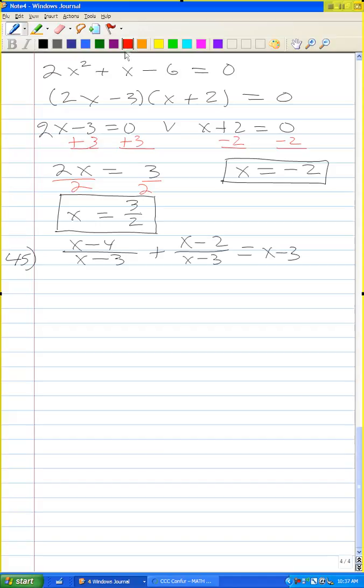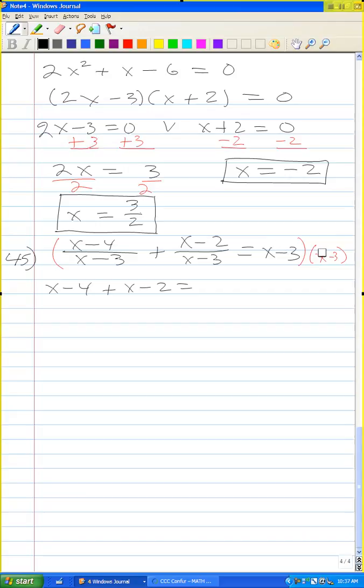In this case, the least common denominator is just x minus 3. And so the x minus 3's cancel, so you get x minus 4. The x minus 3's cancel, so you get x minus 2.